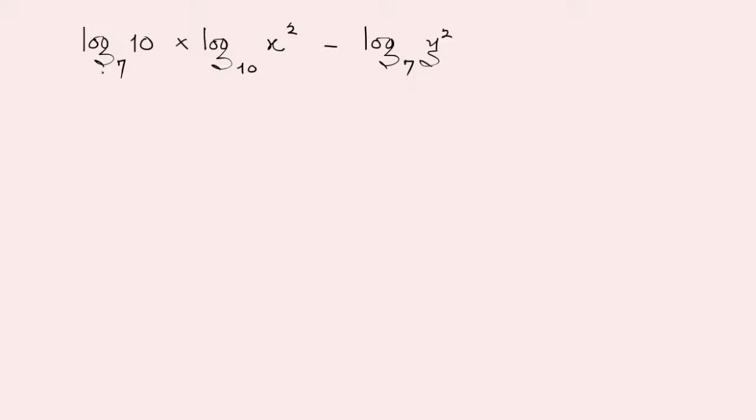For this particular expression, we have log to the base 7 of 10 multiplied by log to the base 10 of x squared minus log to the base 7 of y squared. If you recall that we said that if we're doing a change of base, we have log to the base a of x is equal to log to the base c of x over log to the base c of a.